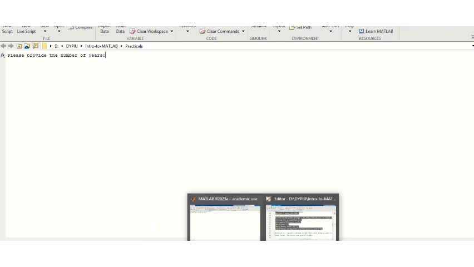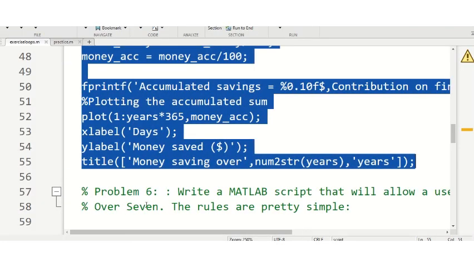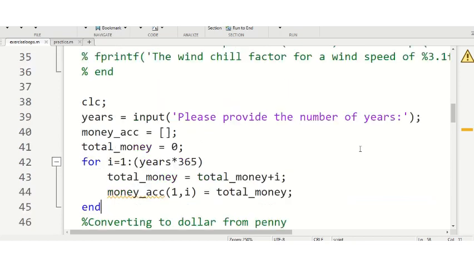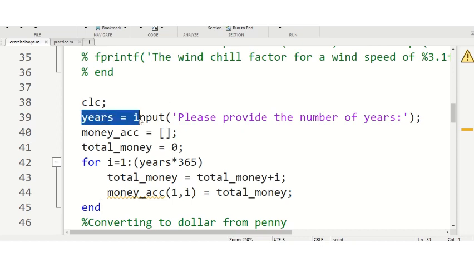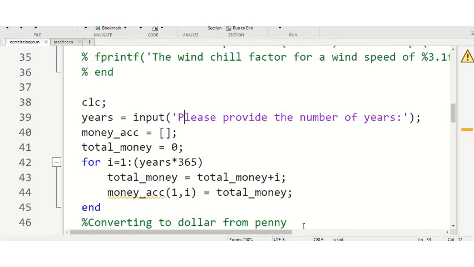I have executed the program first. First, clear the command window. Years. What is the input for your program, sir? Number of years, right? So years is equal to input. You are giving from here. It will ask you how many years you want to save. Please provide the number of years. I have executed already, so that's why it is showing.